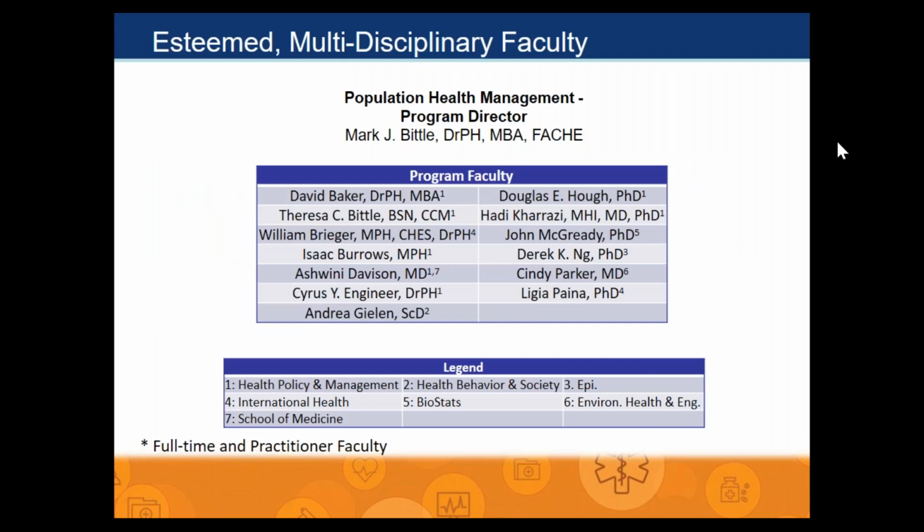This is a brief summary of some of the faculty that are involved. At the bottom of the screen, you can see the various departments that are represented. So again, very interdisciplinary. We have faculty in the School of Medicine, International Health, Health Policy and Management, where I am, biostats, EPI, Environmental Health and Engineering. So a good cross-section of faculty bringing their particular expertise, both from a public health perspective, but also from a practice perspective.